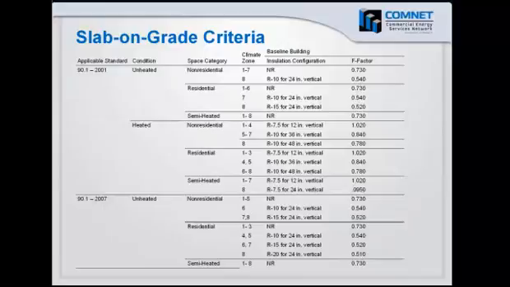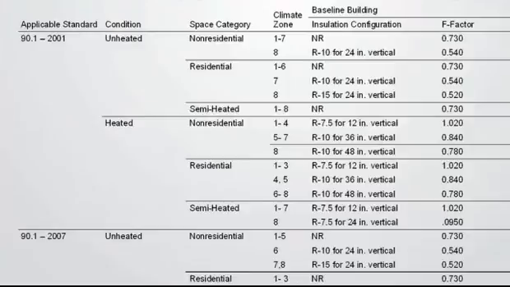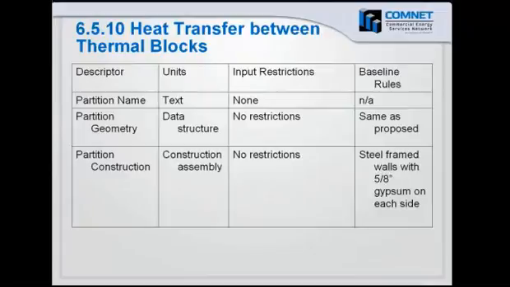So this is if you're modeling the heat transfer from the slab on grade to the earth with just an F factor. It specifies what insulation is required and what that F factor should be for the different climate zones and space types. And then finally, the heat transfer between the thermal blocks.